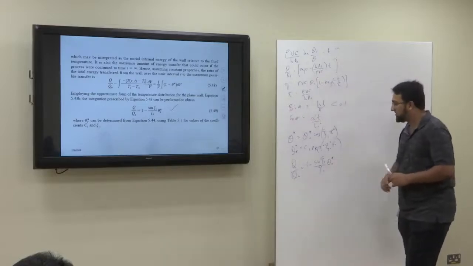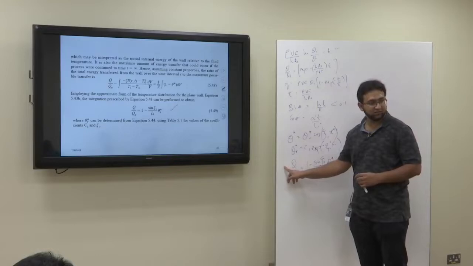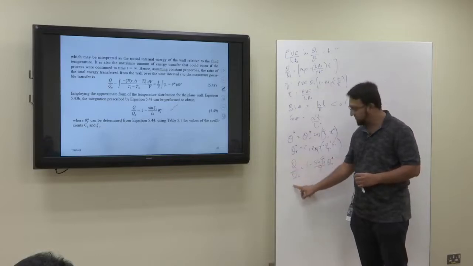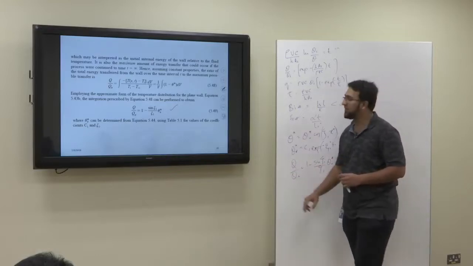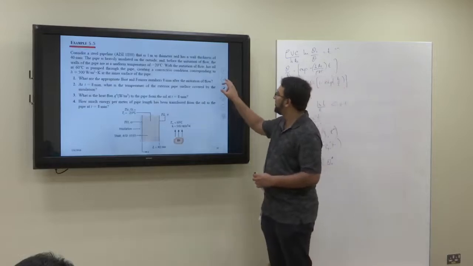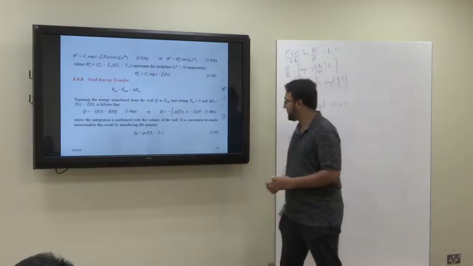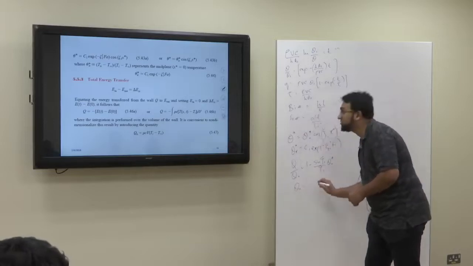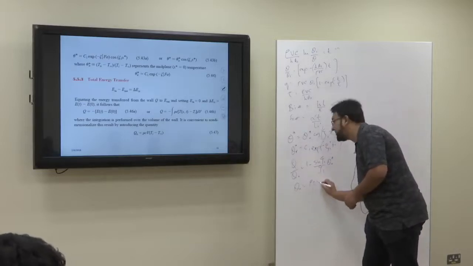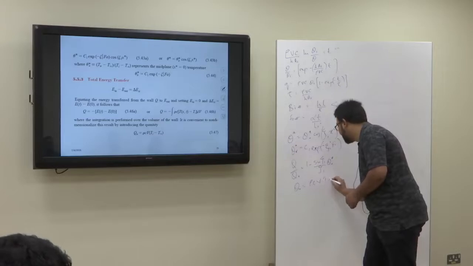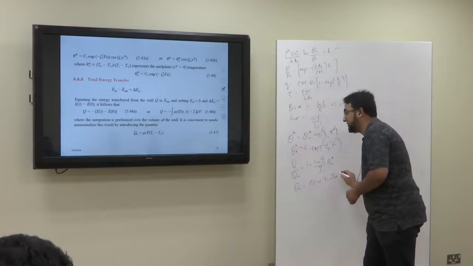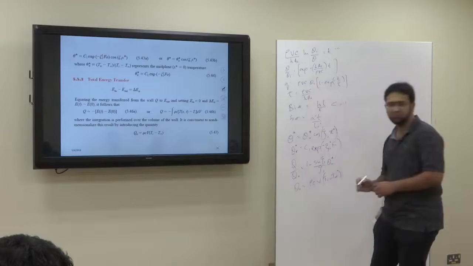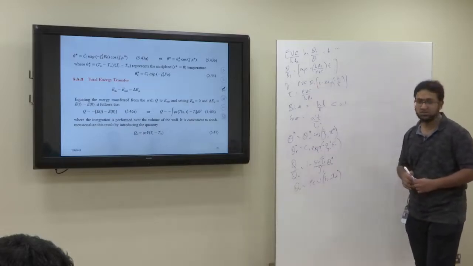That gives the actual heat transfer, but Q naught is the maximum heat transfer. The formula for Q naught is rho C V times (Ti minus T infinity). That's the maximum heat transfer.